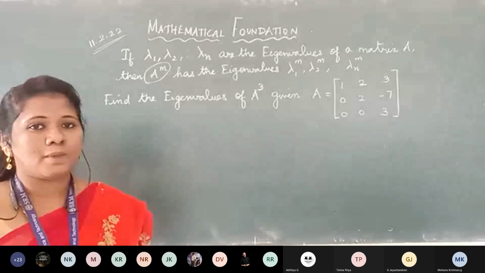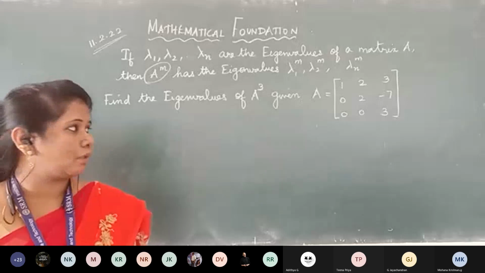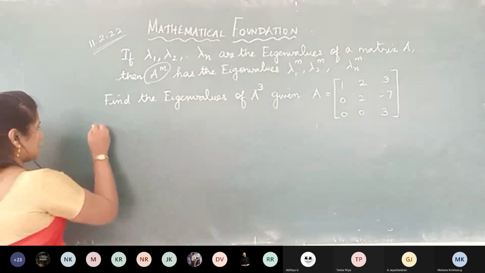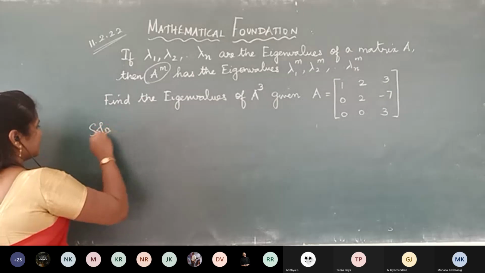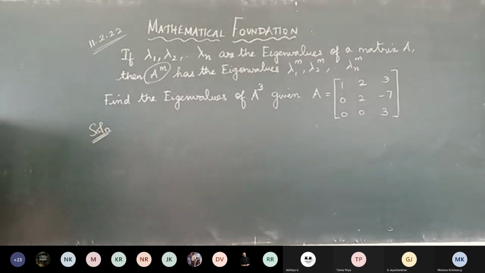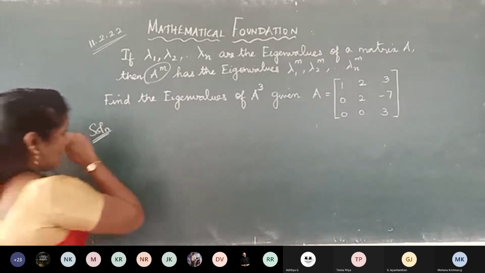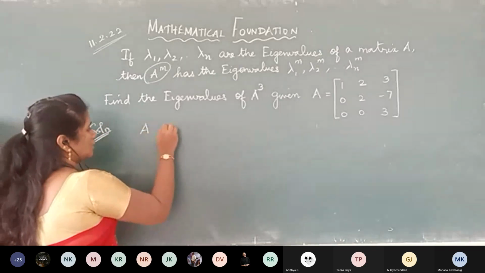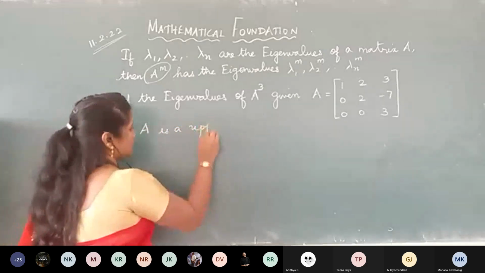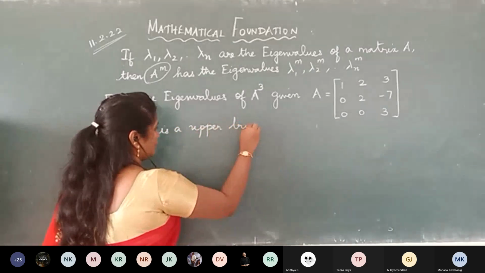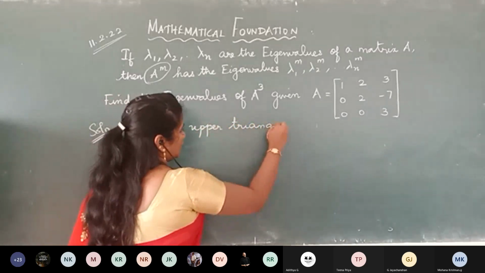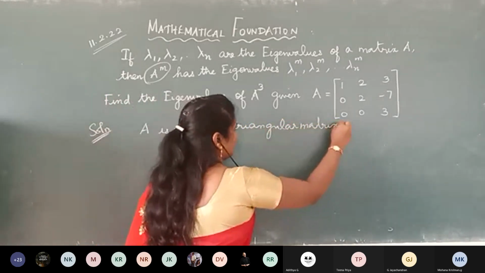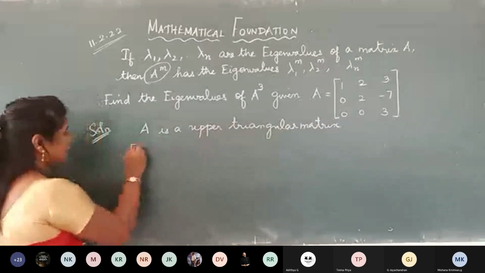Since it is an upper triangular matrix, you can directly write the eigenvalues from the question itself. The given matrix A is an upper triangular matrix, so you can write the eigenvalues directly.